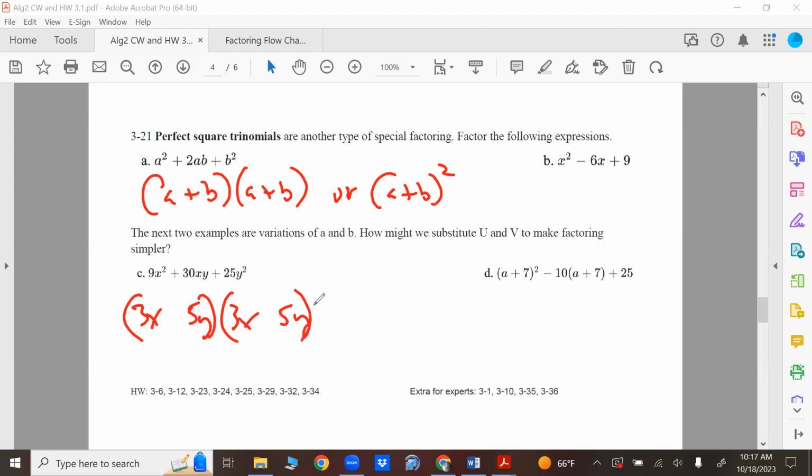Now, as a final check, what's the product of 3x and 5y? You multiply those together. What's 3x times 5y? And doubled it becomes 30xy, so you know it works. If it was some other weird number, like say 24, then forget about it. You can't do it. But since it's 30, yeah. And then you can make it more compact like that.